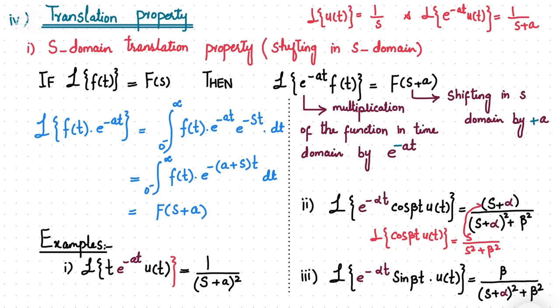So this s converted into s plus alpha, and this s square converted into s plus alpha whole square. So this is the Laplace transform of e raised to power minus alpha t into sine of beta t into u of t. We know that the Laplace transform of sine of beta t is beta over s square plus beta square. So the s is shifted to s plus alpha.